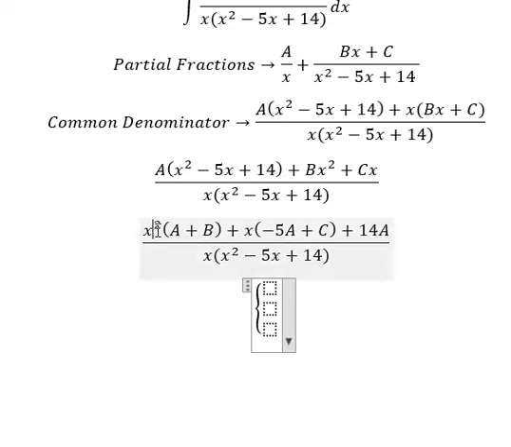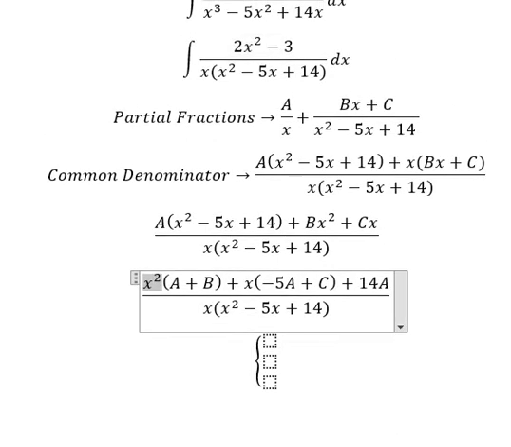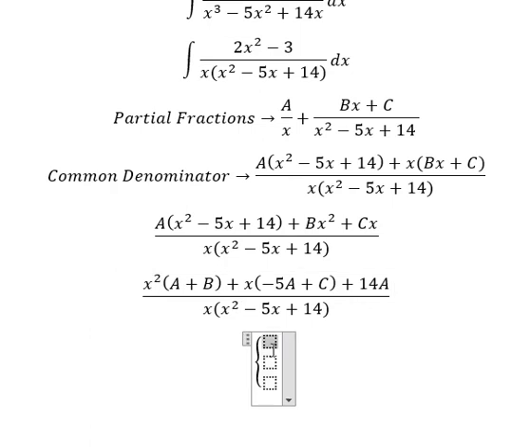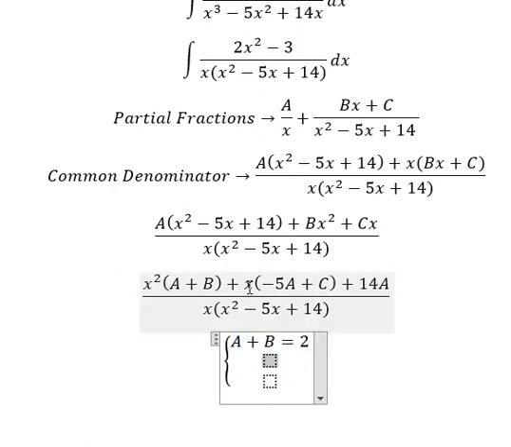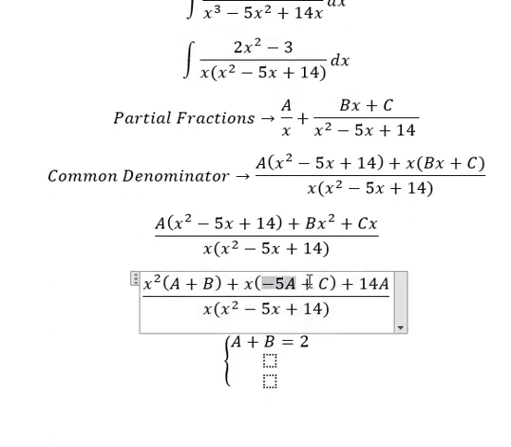So about s squared, we have number 2, so a plus b equals number 2. About s, we don't have s, that means this one equals number 0.